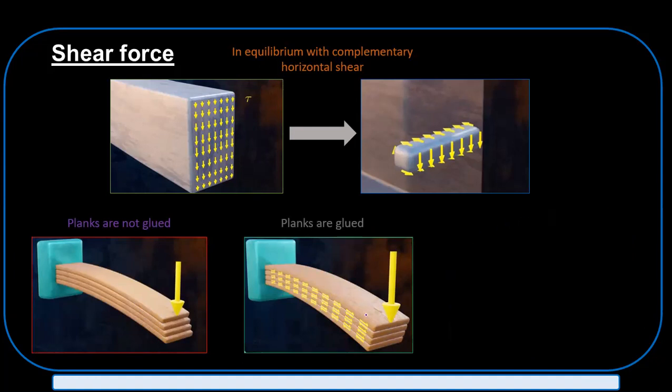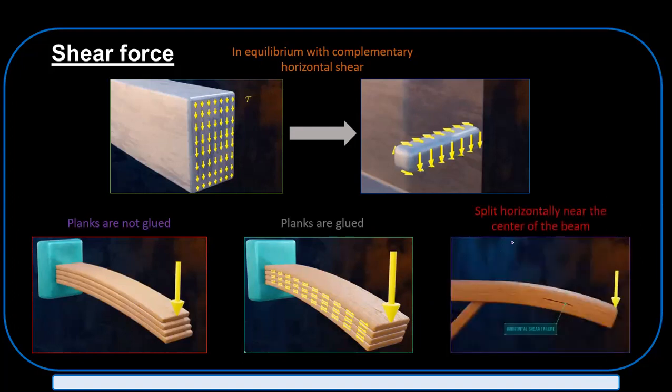You see this every day, but you have to understand the concepts. That's why timber beams are seen split horizontally near the center of the beam. That is the shear failure, horizontal shear failure.